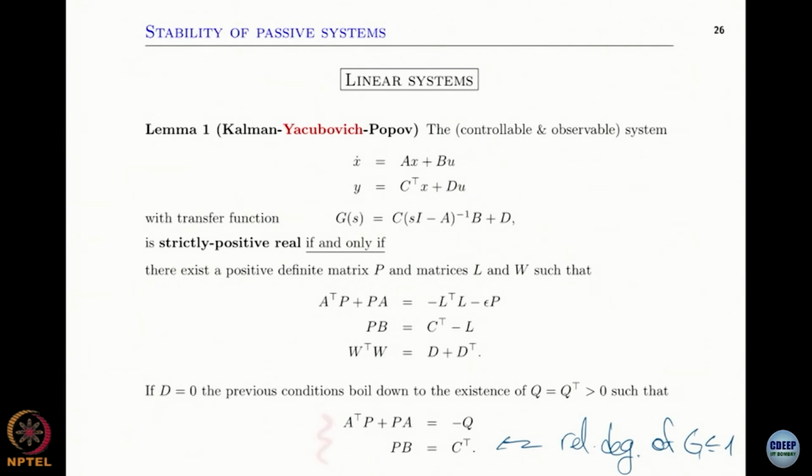So this is a relative degree condition, and this other one is basically a condition that says that A should be Hurwitz, right? So it should be stable. Yeah, so that's another thing to know. A passive system necessarily is of relative degree either 1 or 0. A system of higher relative degree than that cannot be passive.